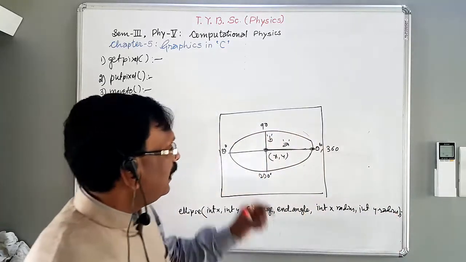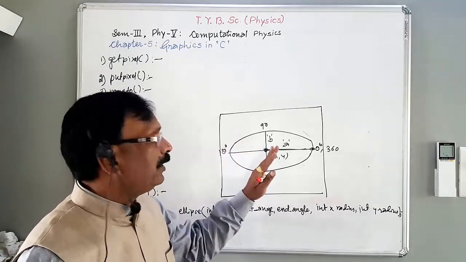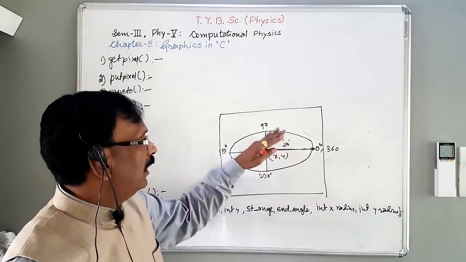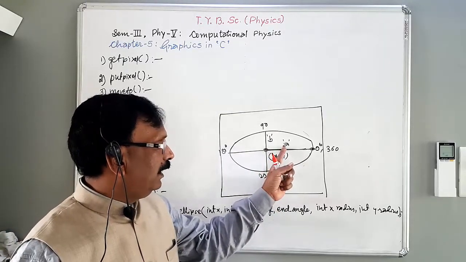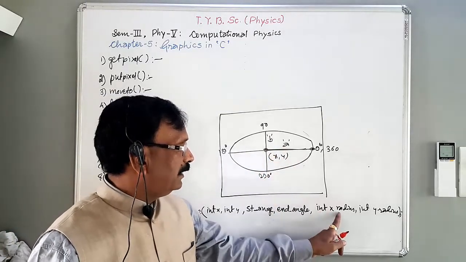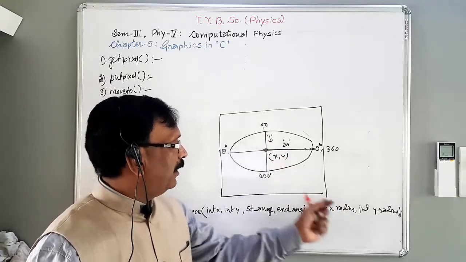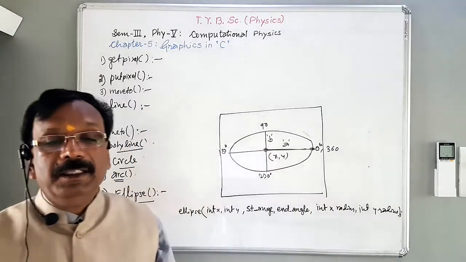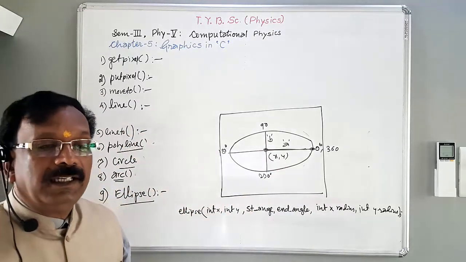For a circle there is a single radius, but for an ellipse there are two radii. One of them is semi-major and another is semi-minor. The semi-major radius is given by the integer x radius value and the semi-minor radius is represented by this integer y radius. In this way, we can write the general syntax.